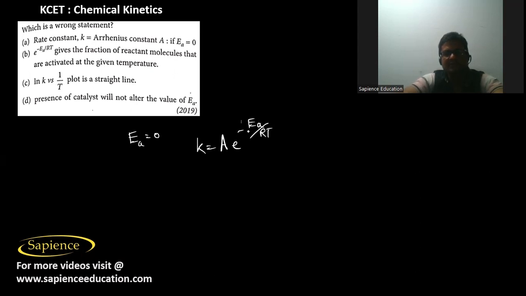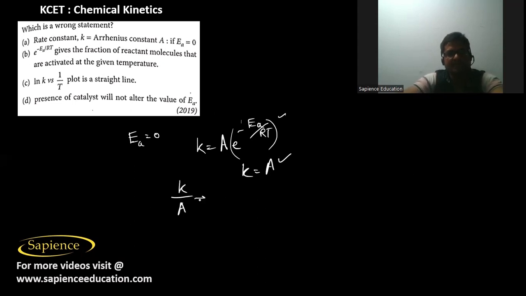So if the activation energy is 0, then obviously K will be equal to A. So it is a true statement. Then it is told e power minus Ea by RT gives the fraction of reactant molecules that are activated at a given temperature. So it is a true statement.